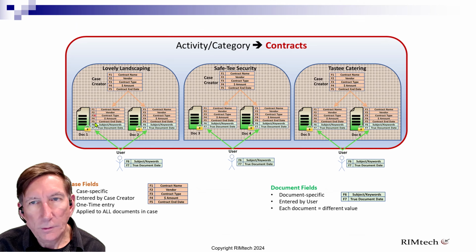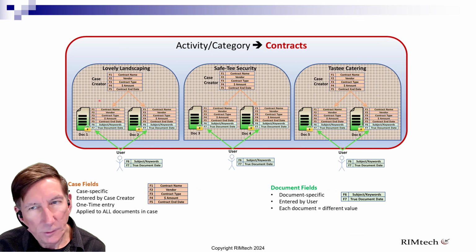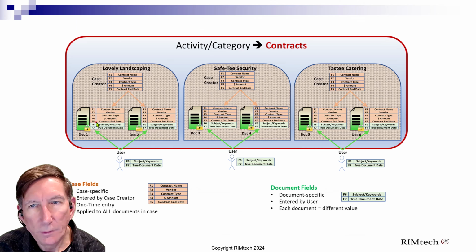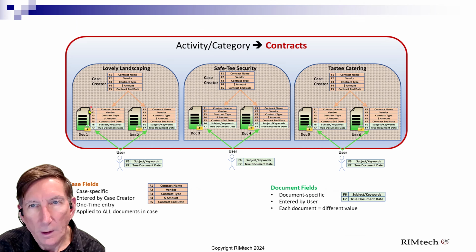Columns F1 through F5 are entered once only by the information management administrator or records manager, only at the time the document set was created, and the value they type into these 5 columns is automatically replicated across all the documents in that document set.